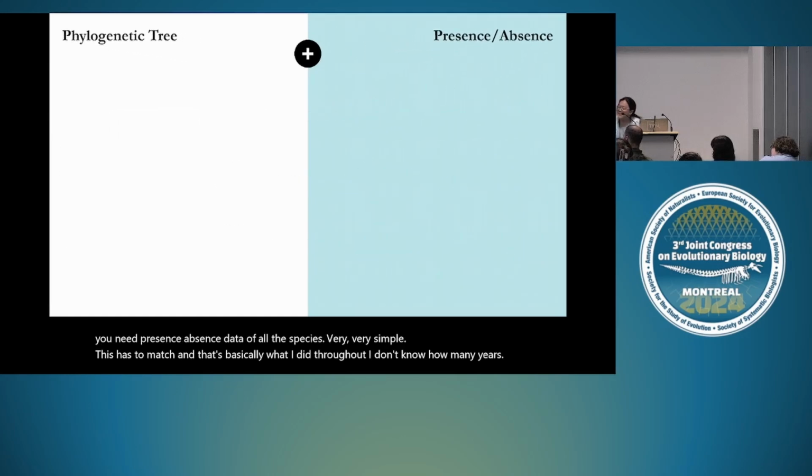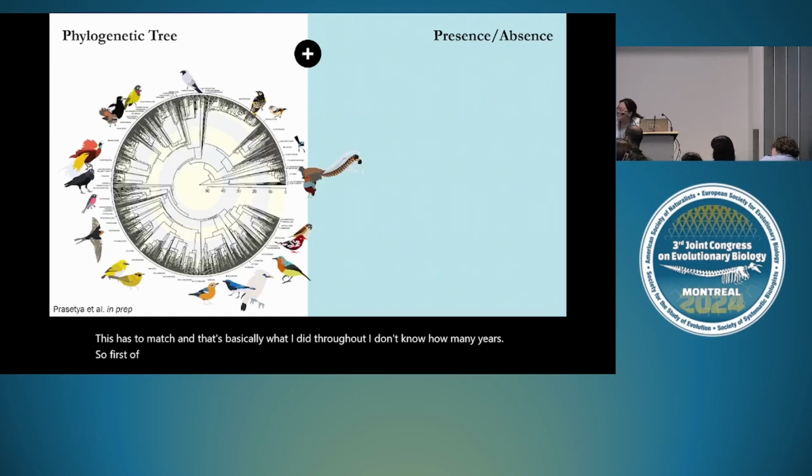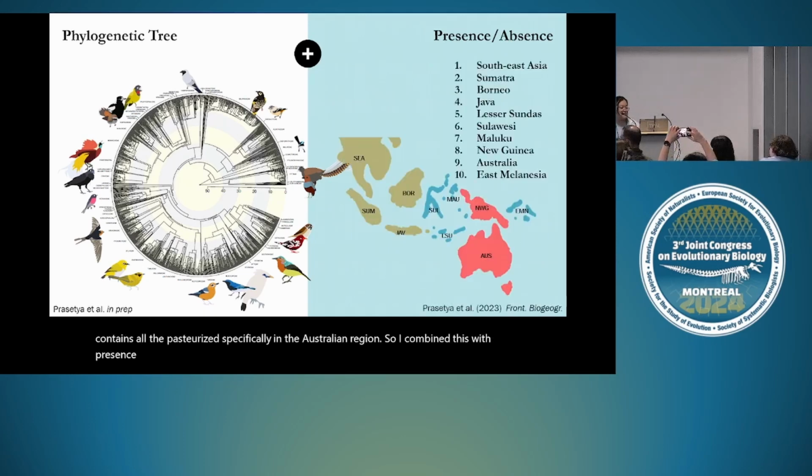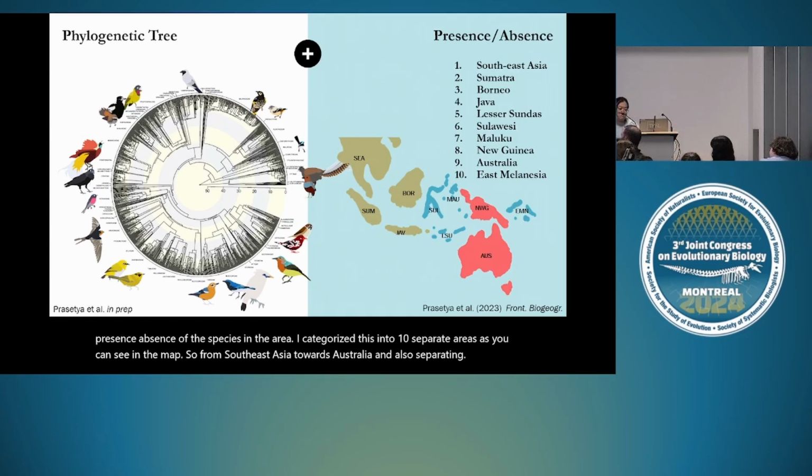So first of all, I have a phylogenetic tree. This is a new phylogenetic tree I made. It contains all the passerines, specifically in the Indo-Australian region. I combined this with presence-absence of these species in the area. I categorized this into 10 separate areas, as you can see in the map, from Southeast Asia towards Australia, separating it per island groups.